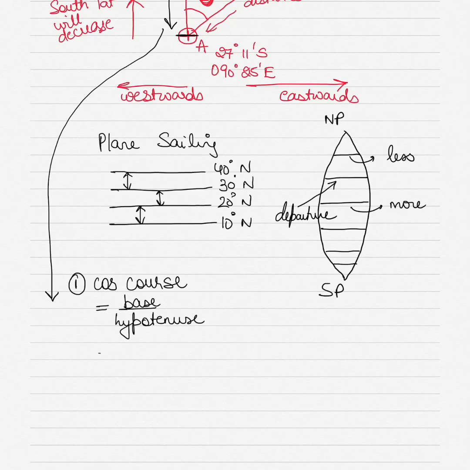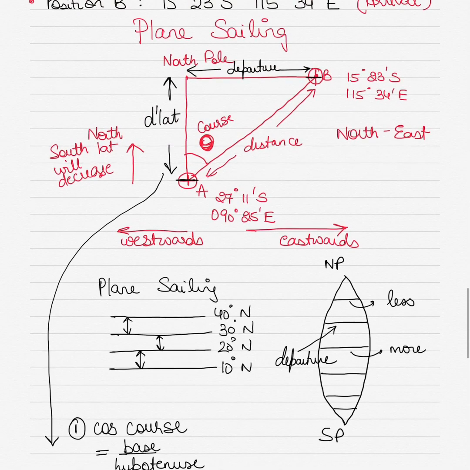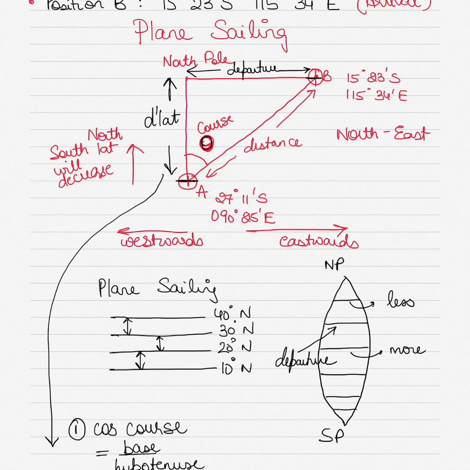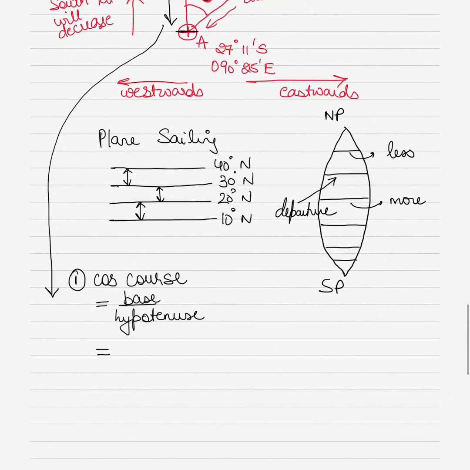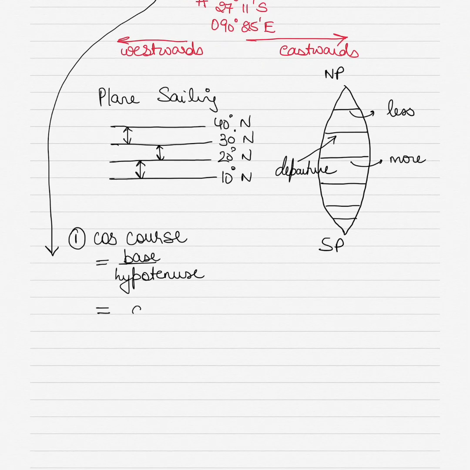That's the cos of any angle. Now in the above triangle, you can see the base of the angle theta is d-lat. The hypotenuse is of course the longest side in a triangle, which here is distance. So therefore your cos becomes d-lat by distance. That's your first formula. You don't have to memorize it, you know it already.